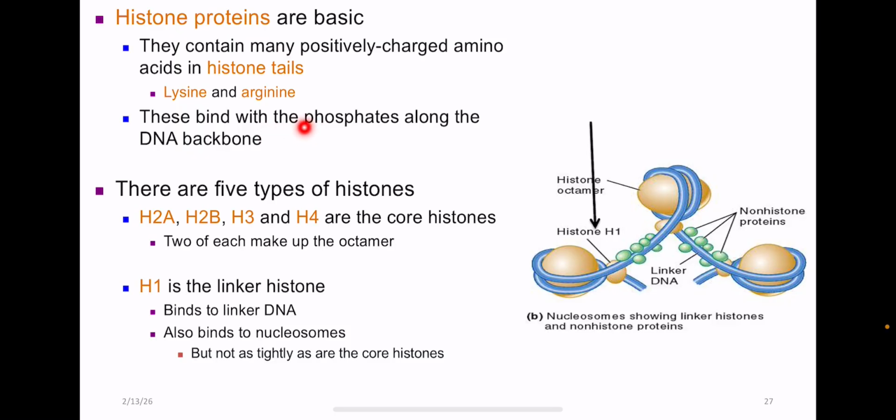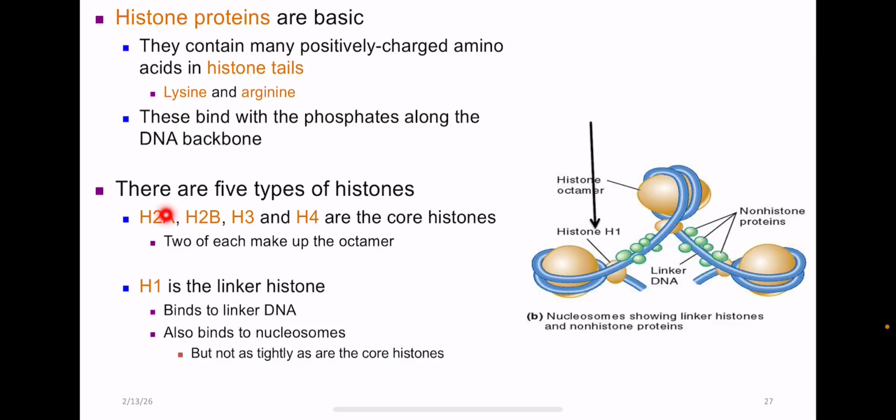Electrostatic charges are unlike: negative charges attract positive. So the positively charged amino acids in the histones can easily bind with, or interact with, the negative charges on the DNA backbone. That's one way of improving interaction between the DNA and the proteins in forming the nucleosome.